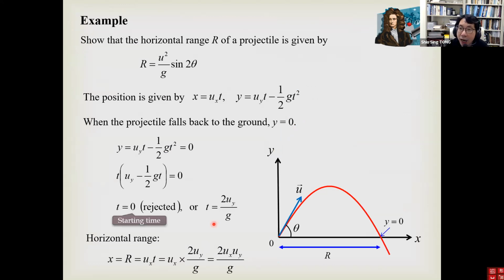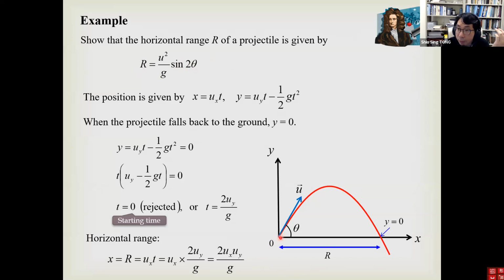Now, that is a classical example, I think, in high school physics. I think everybody of you, if you have studied DSE physics or the equivalent level, you probably have derived it before. But let's do it again and see what the differences are. Now we are going to derive the range of a projectile motion.